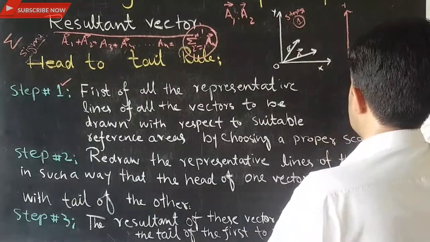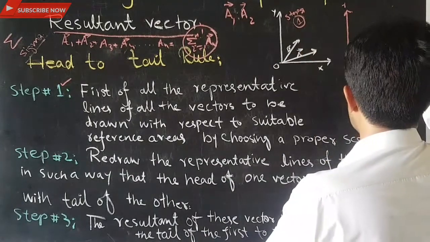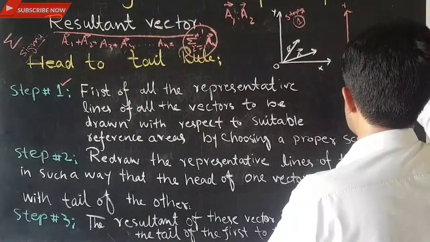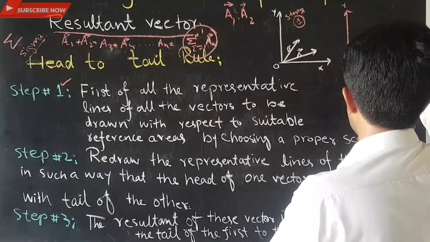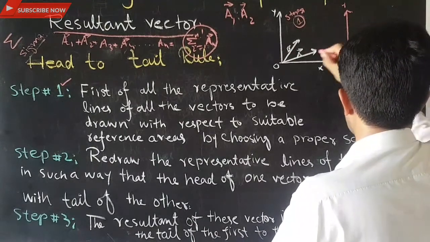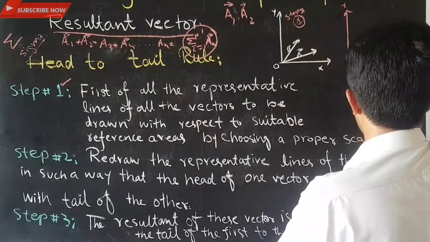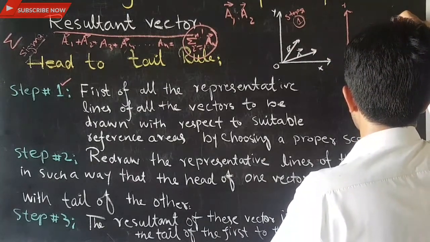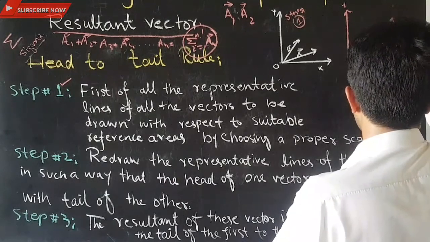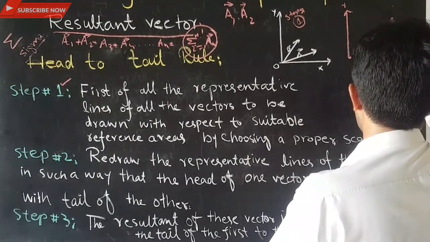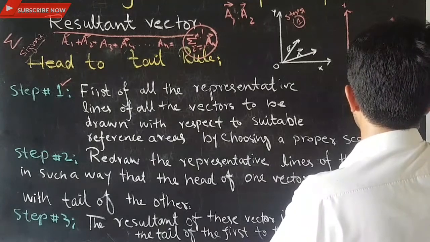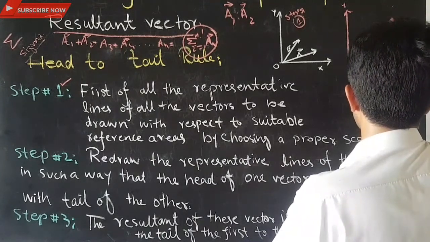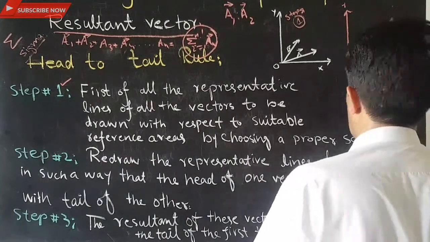I will pick vector B exactly the same way as it was in the first step. So vector B is just like this. This was vector A, and I redraw vector B here in this step number 2. So this is vector B.